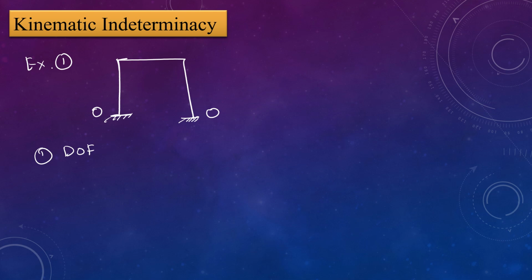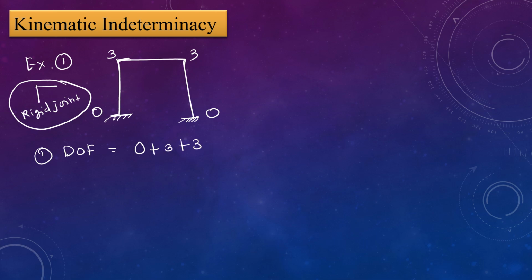These are rigid joints, and here the degree of freedom is 3 and here the degree of freedom is 3. Adding all the degrees of freedom, 0 plus 3 plus 3 plus 0 is equal to 6. So the degree of freedom is equal to 6. Next, take the similar diagram here.